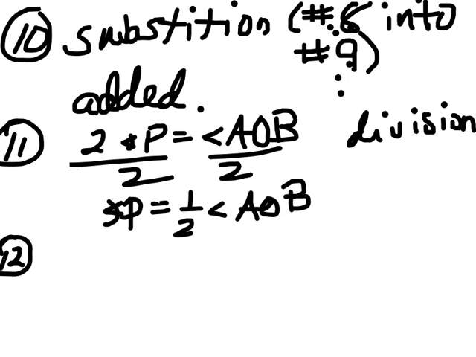Now, why is the measure on number 12, if you look in your book, why is the measure of arc AB equal to the measure of angle AOB? Look at the second figure with all the red drawn into it in the book at the top of the page. Why is arc AB equal to angle AOB? What kind of angle is angle AOB?